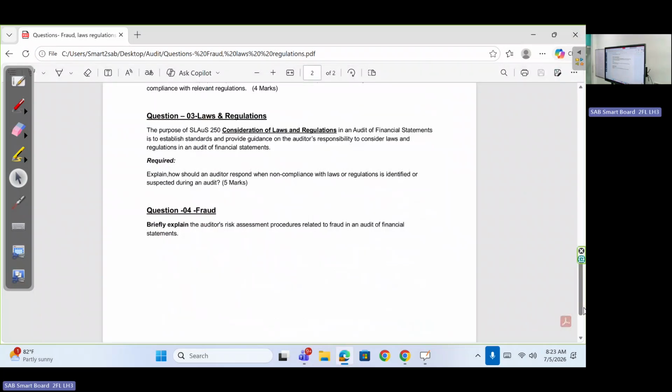Just try on your own how theory can be applied to these case questions.